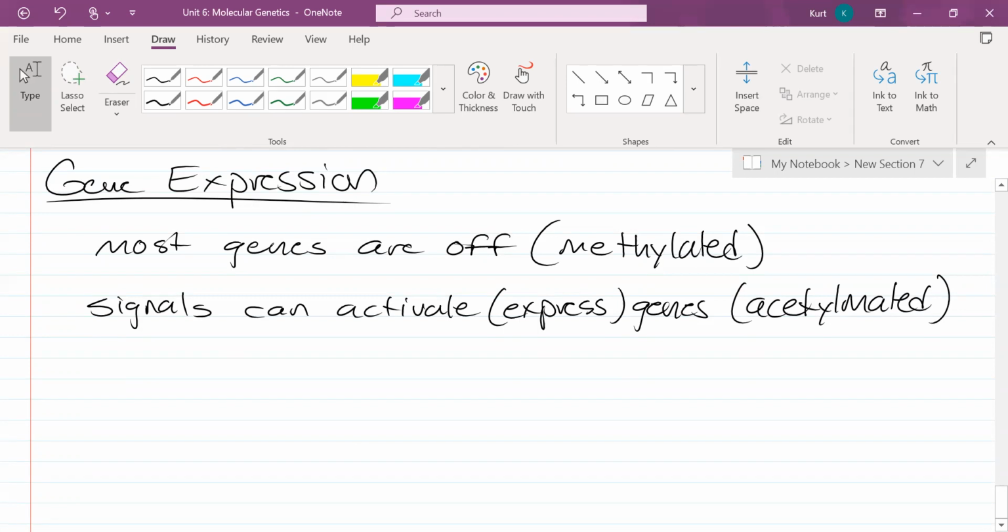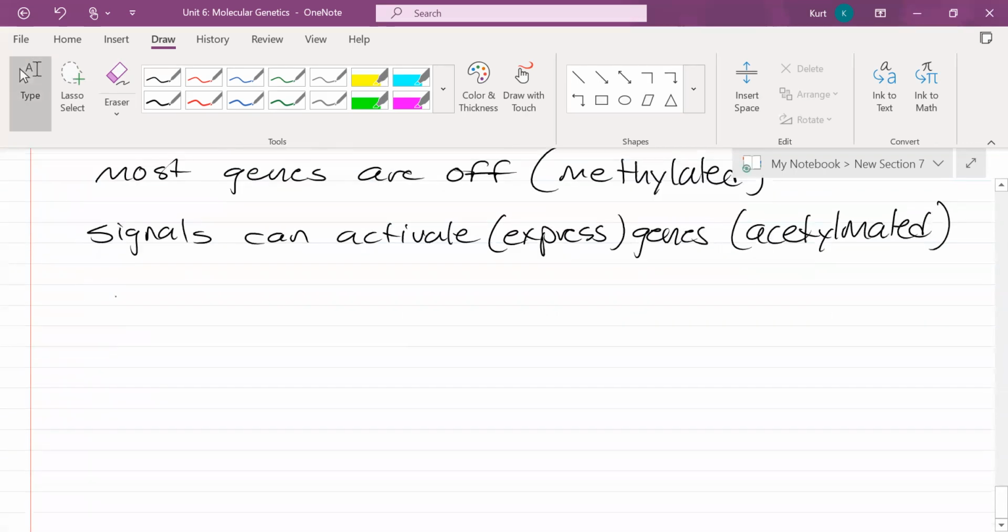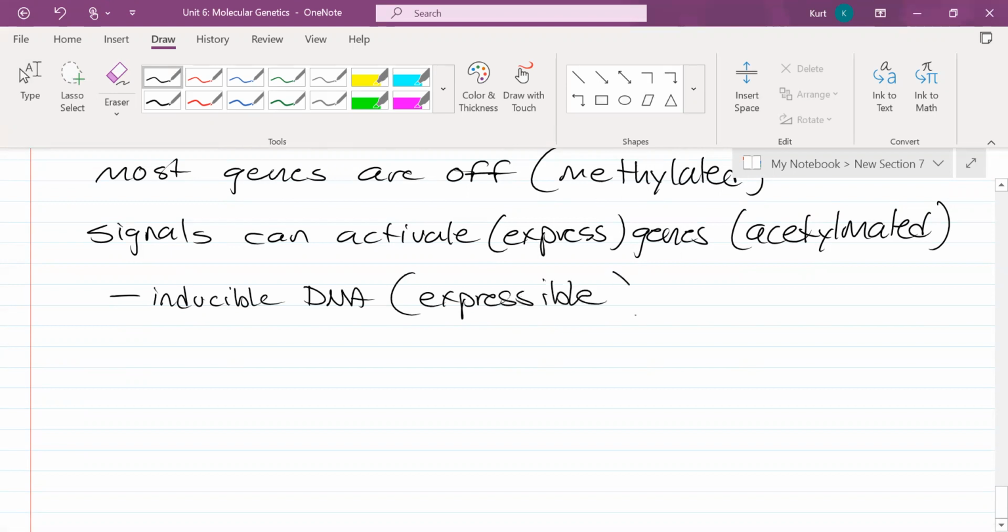So gene expression is just about activating genes or shutting genes down. We call this inducible DNA. Inducible DNA means that it is expressible. It can be activated. I mentioned before, in my first period, a student broke her arm.